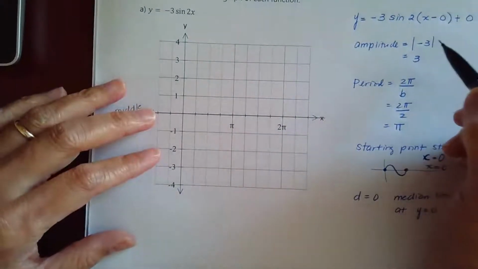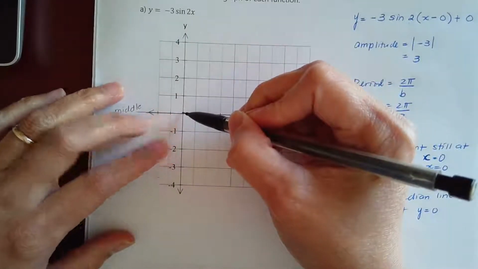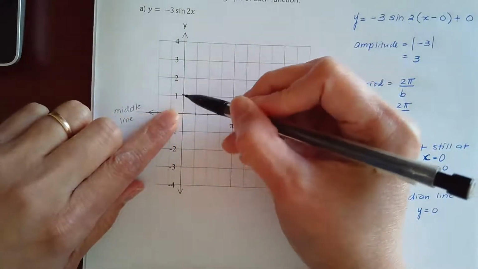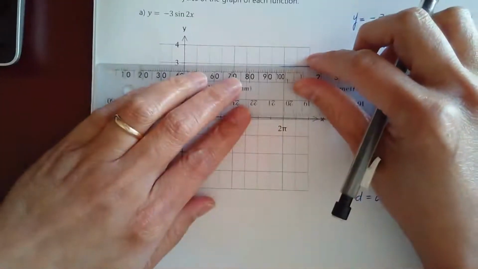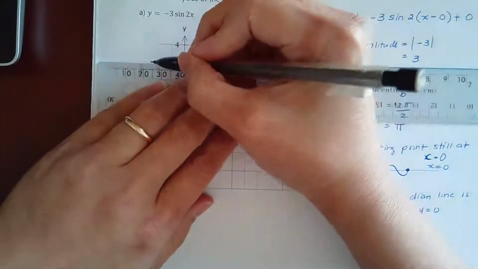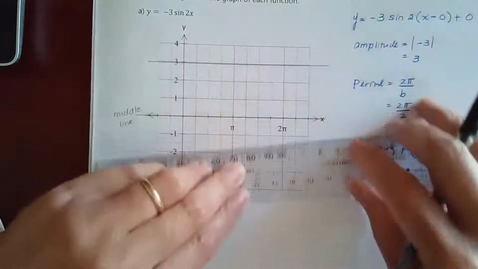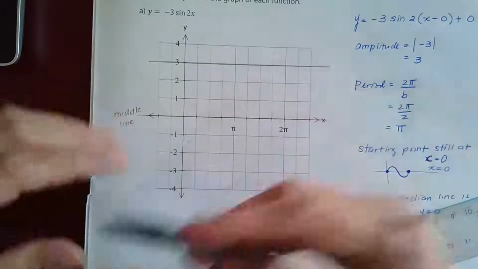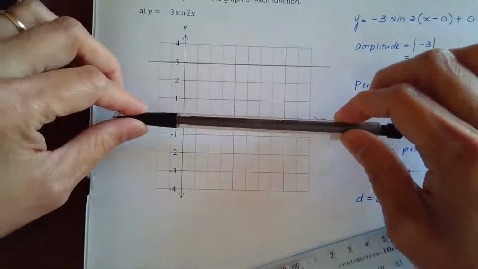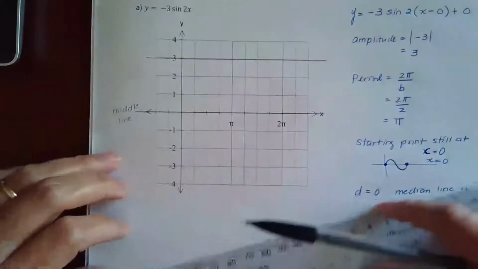Amplitude is 3, so from here 3 units: 1, 2, 3. And because the amplitude is 3, it's also 3 from the middle line to the minimum.